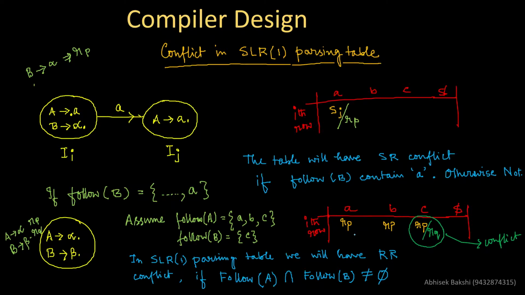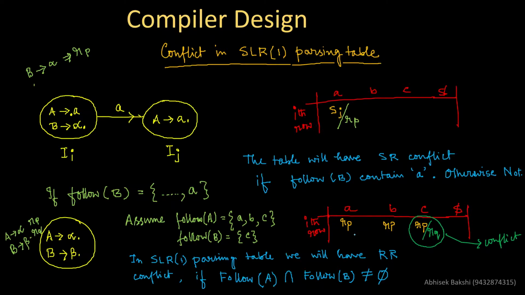Because SLR1 is reducing the number of entries, and the LR0 parsing table contains many more entries than the SLR1 table, in case of reduce moves at least. So definitely if there is no conflict in the LR0 parsing table, then there will be no conflict in the SLR1 parsing table. I can guarantee that.